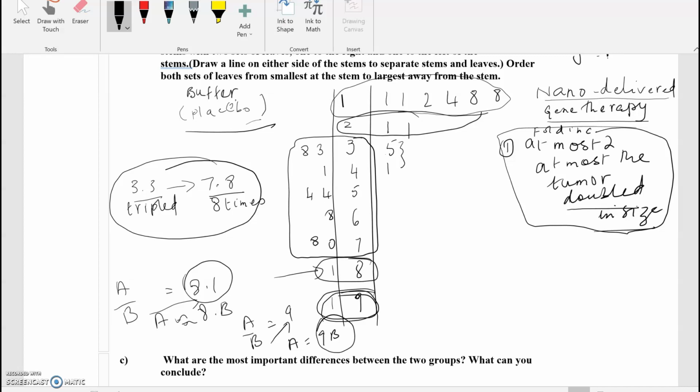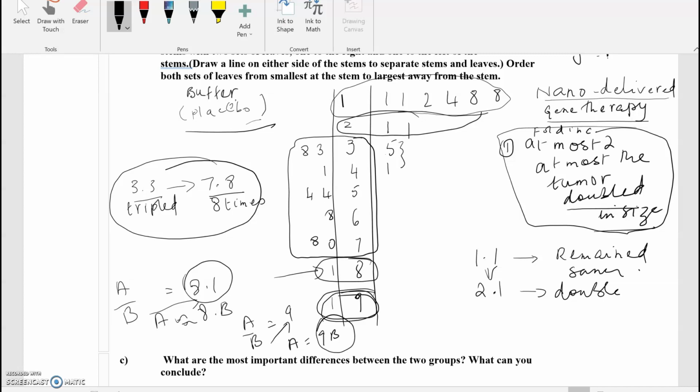So what we're trying to say here is that the tumor is not gone, right? 1.1 is almost remained the same, which means it did not grow. And most of them were in this range, 1.1 to 2.1, which is doubled in size.